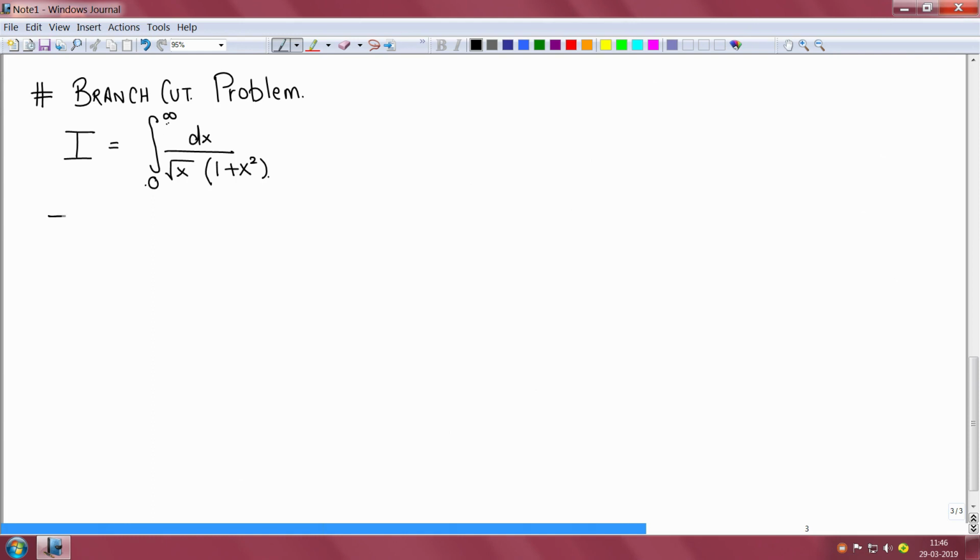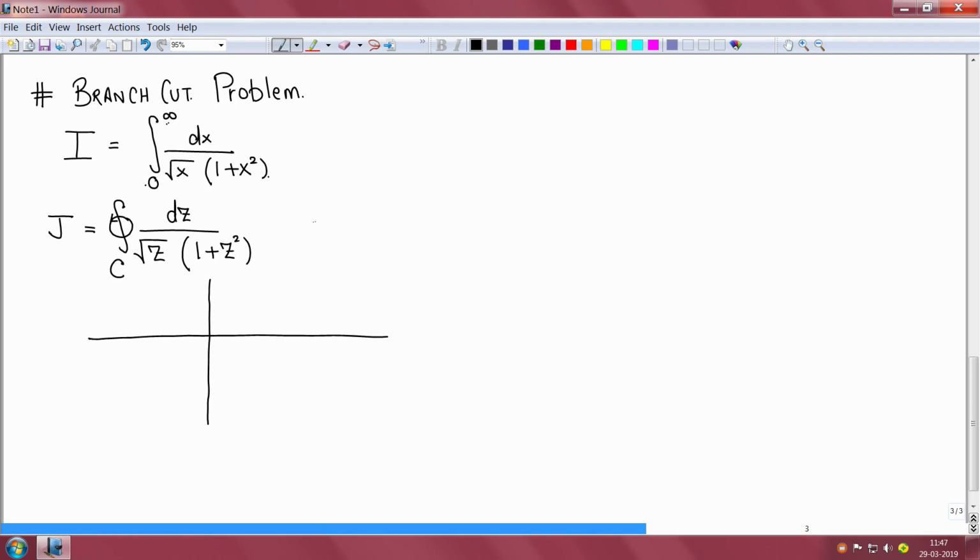So as before, we construct another function J which will be going around a closed contour C, and we replace x with z. So we have 1 by square root of z into (1 plus z squared). Now, fairly obvious, the cut we are going to take is here.